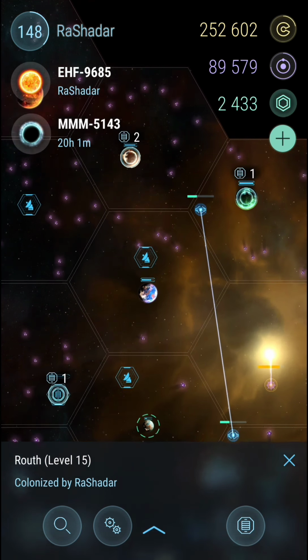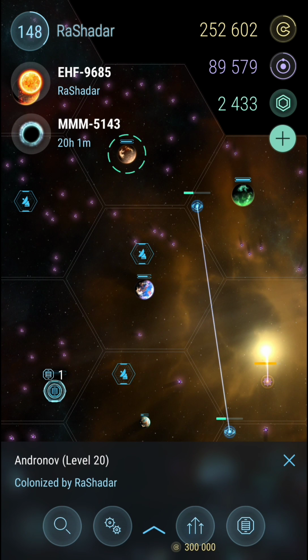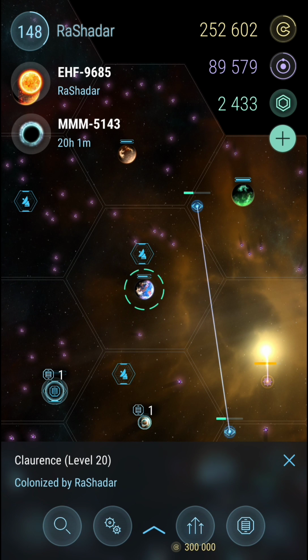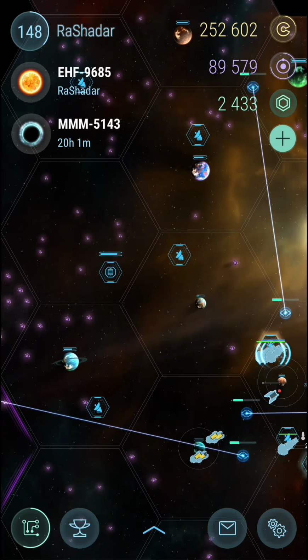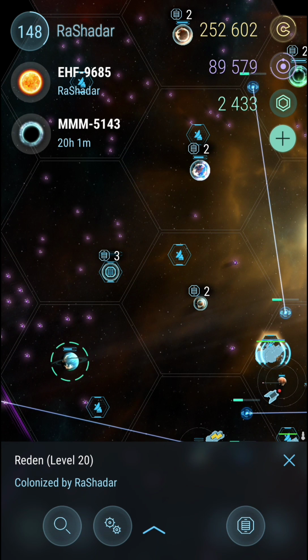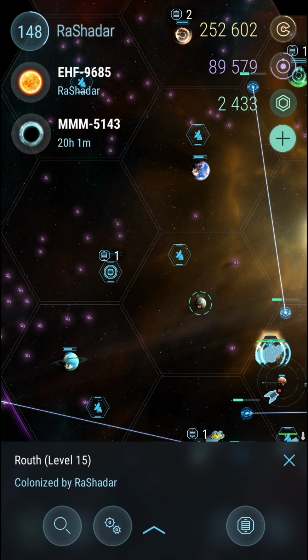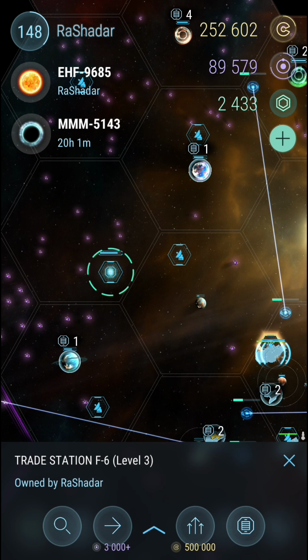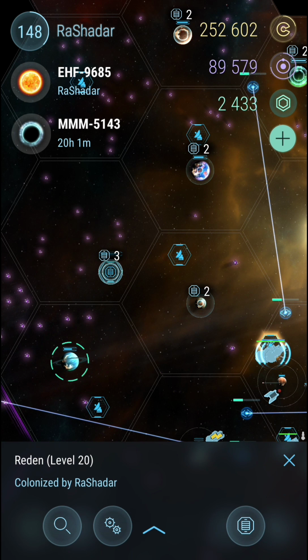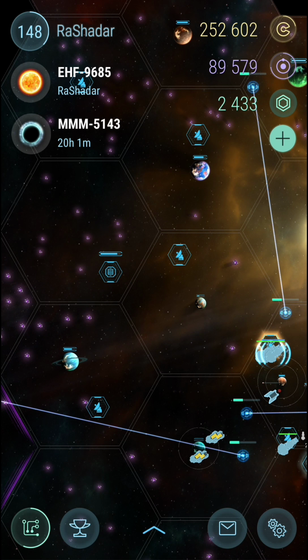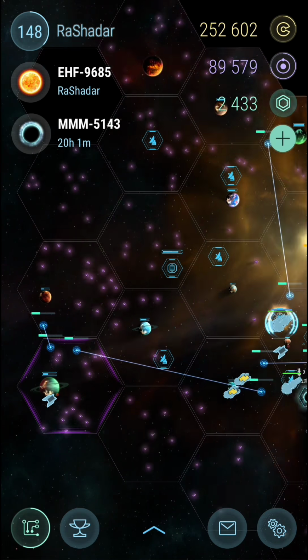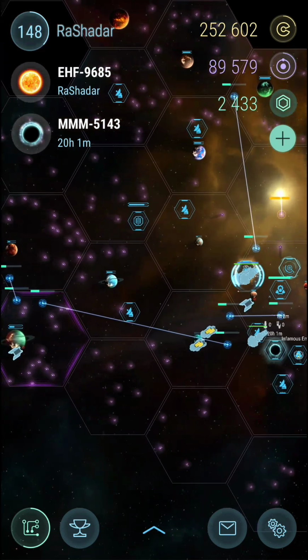And so what that means is that I take every shipment that goes to Andronov and I put it on Clarence, and I put everything for Clarence onto Andronov. And then for these, everything that goes to Routh, I put on Rendon. Everything that goes to the Trade Center, I put on Routh, and everything that goes to Rendon, I put on the Trade Center. Okay, so that is the basic example.